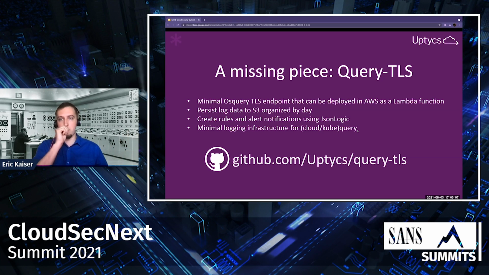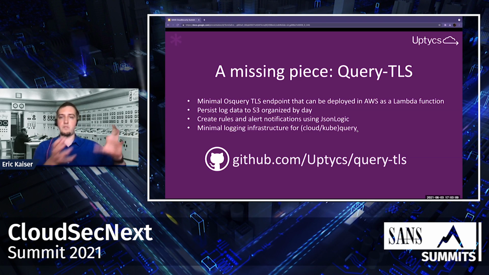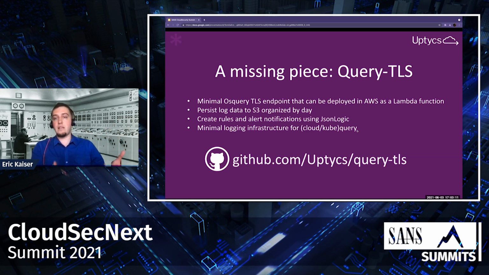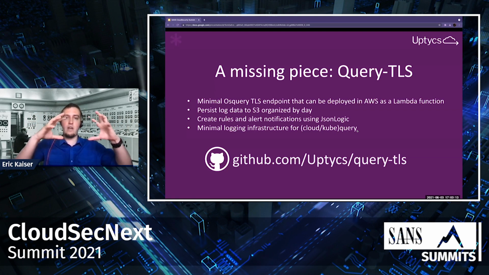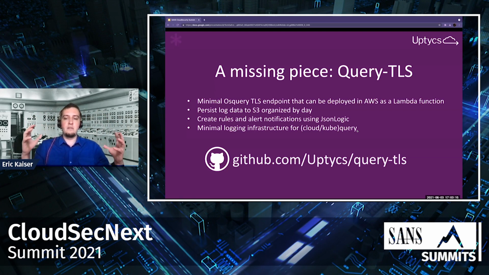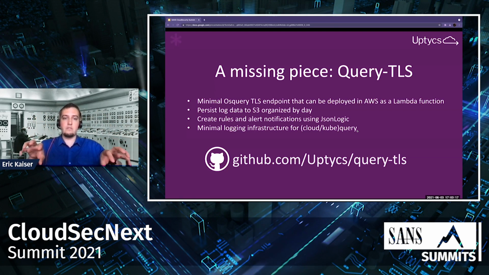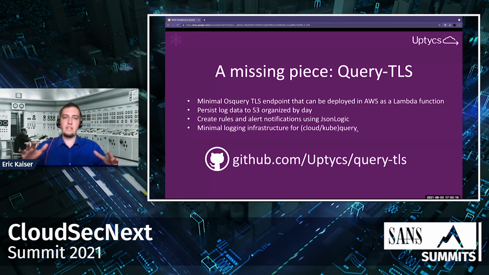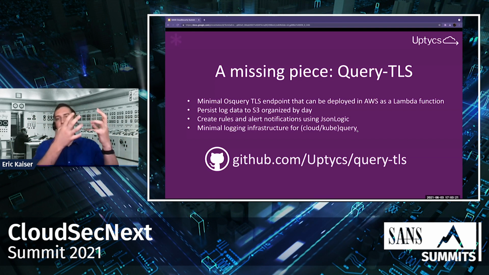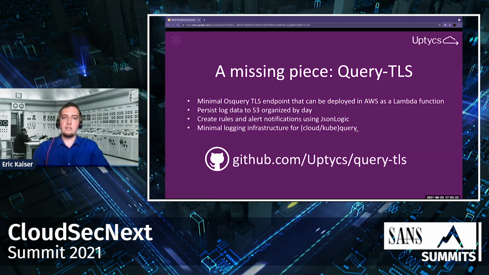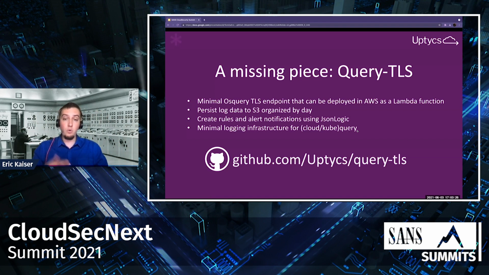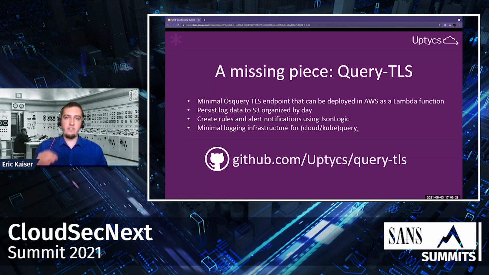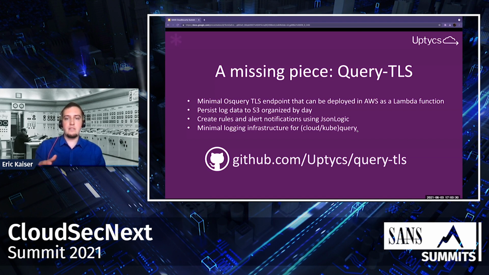But osquery was originally designed to use an upstream, what's called an osquery TLS endpoint, and that is sort of your aggregator. All of the various query agents that are registered across your fleet are shipping data up to usually an osquery TLS endpoint. So we've released a very, very minimal osquery TLS endpoint.